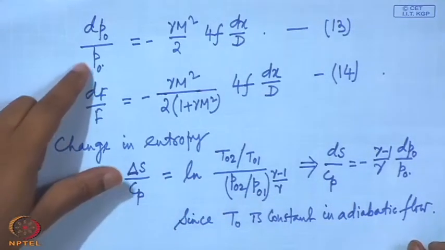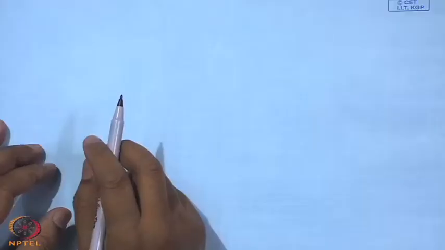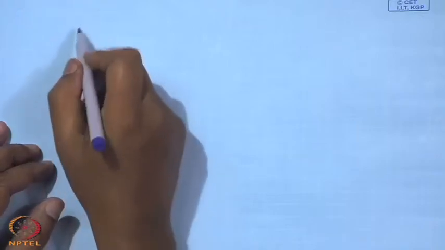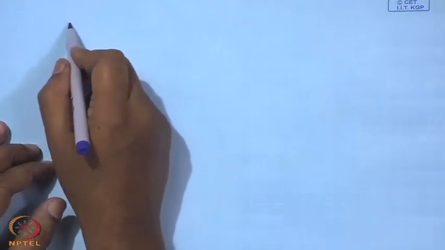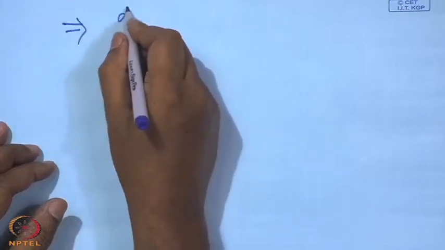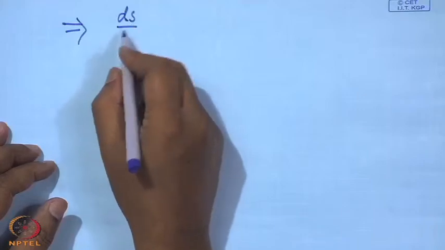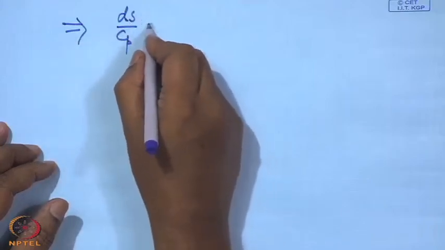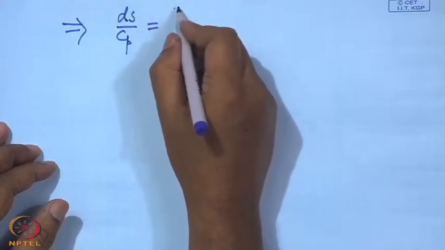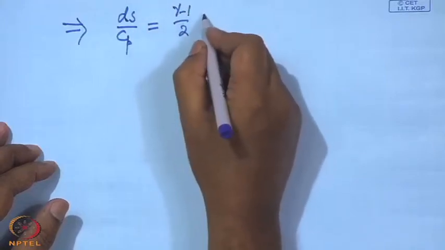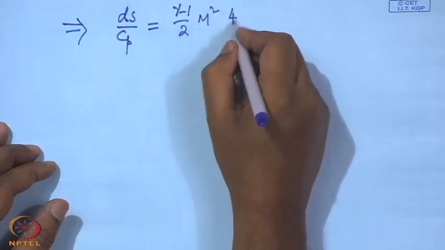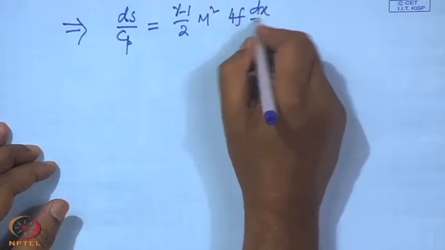So, if we put dP0 by P0 from equation 13, we get ds by Cp equal to gamma minus 1 by 2 M square 4 f dx by d.